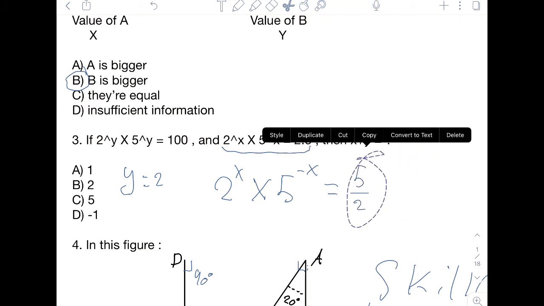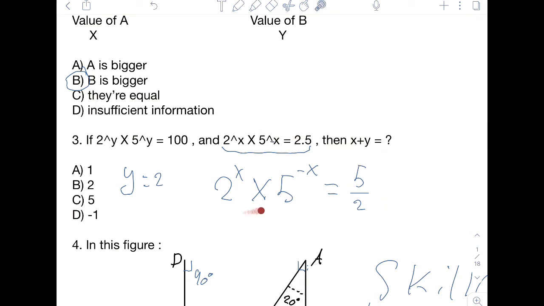And I hope that you guys can see how we're going to relate this to this, because this is a multiplication and we have a negative exponent, and you know how that works, because I'll explain. We're just going to have to relate those two together in order to make this look more like this: 2 to the power of x multiplied by 5 to the power of negative x.